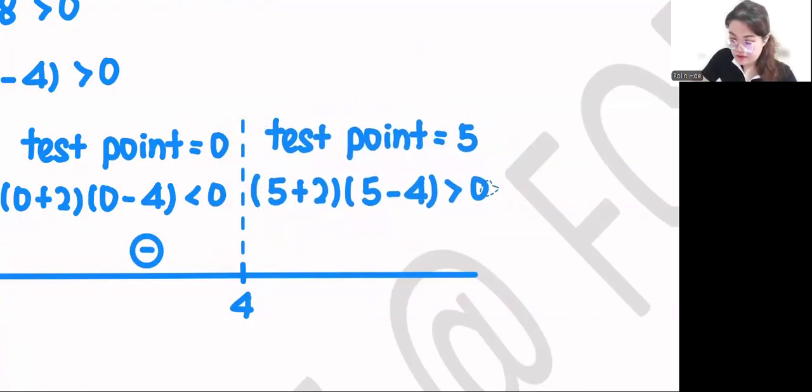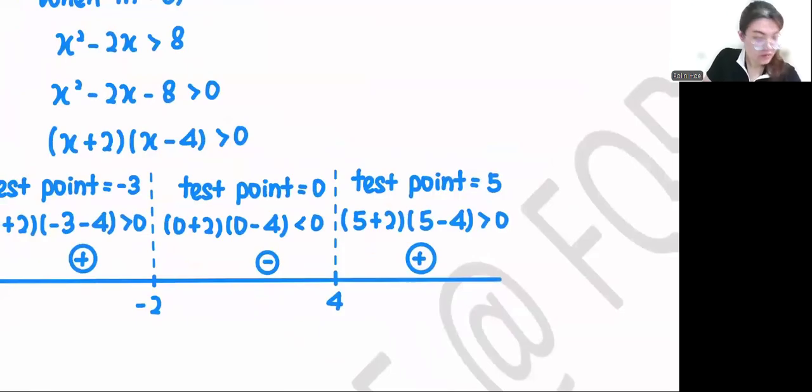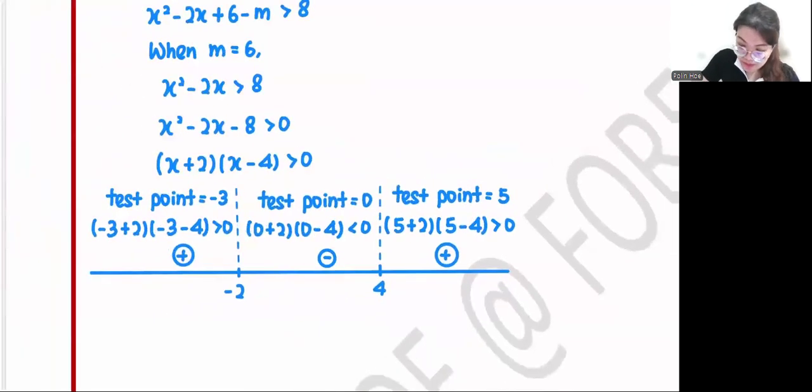Of course, it's bigger than 0, both positive numbers. Okay, here I want a bigger than, I want a positive value.